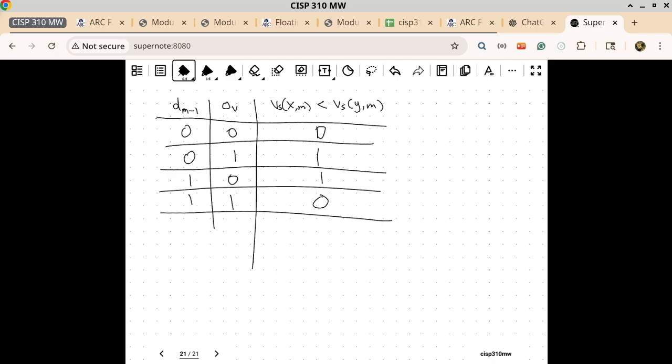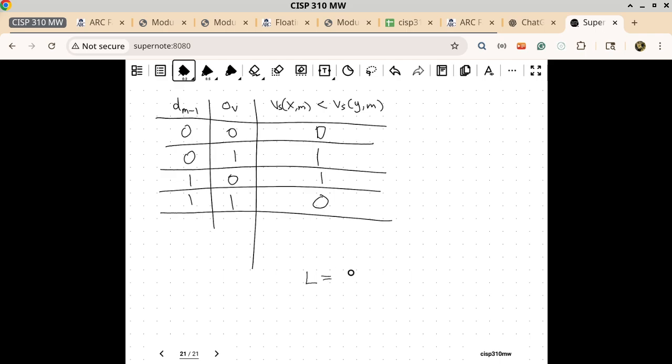But if you just ignore the top portion, which is the heading of the table, if you just cross this out, what does it look like to you? Exclusive OR, okay? So that means now we can define the L flag, L for less than.